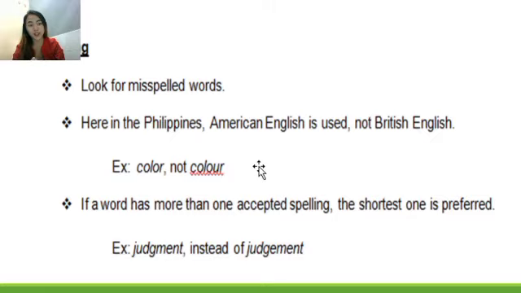Pero pag sa newspaper or sa copy reading guys, sa campus journalism, we have to use talaga American English para pantay-pantay lahat or pare-pareho. If a word has more than one accepted spelling, the shortest one is preferred. For example, we have judgment instead of judgement na maglalagay pa ng E. Okay? You have to be cautious about this one.